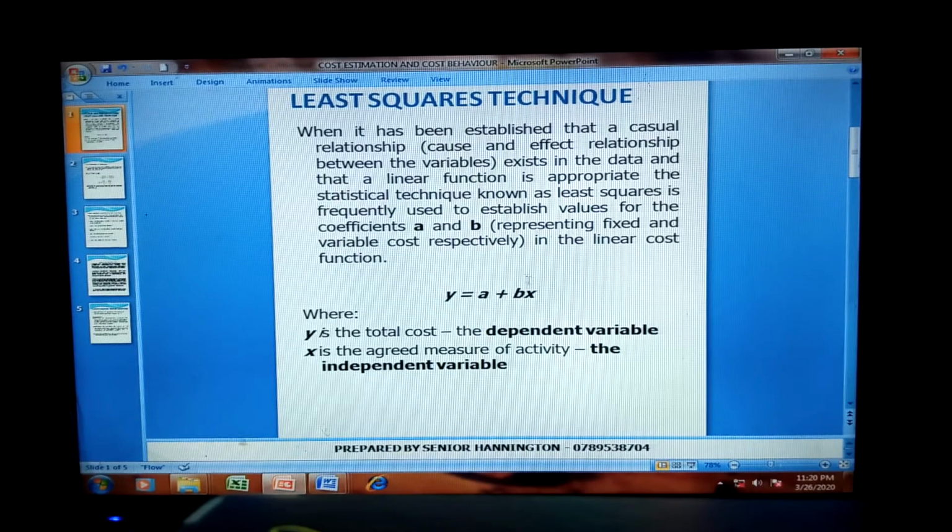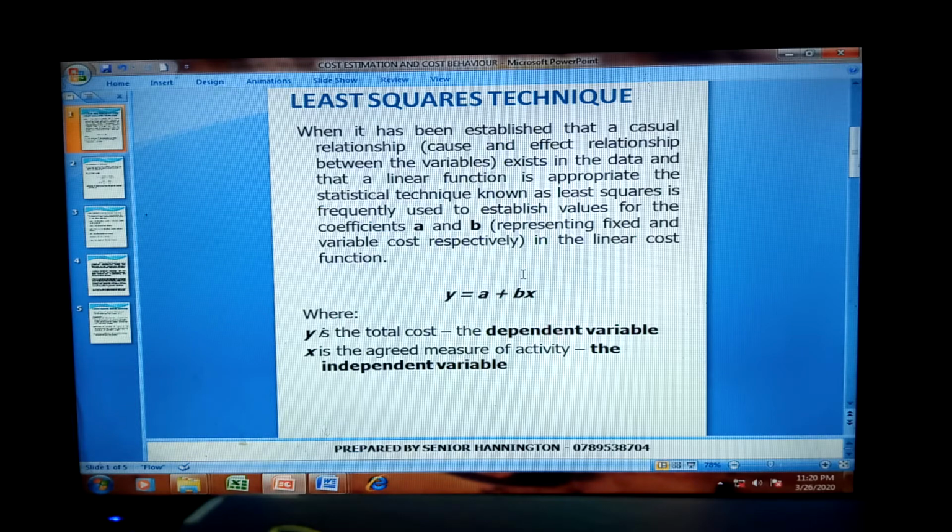Now, the least squares technique, as I told you, is used whenever there is a cause and effect relationship between the variables, that is the dependent variable and the independent variable. So if there is that relationship in the data, then the linear function is appropriate, and what we can use is a statistical technique known as the least squares method.